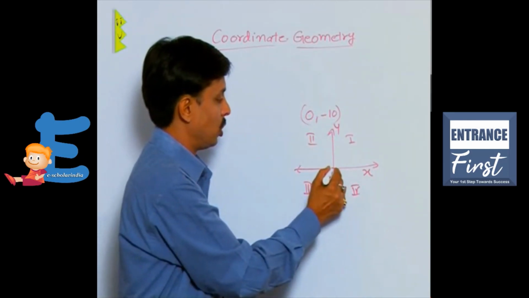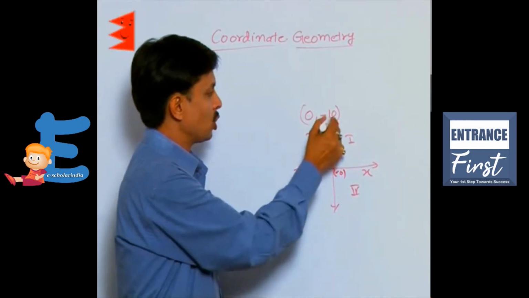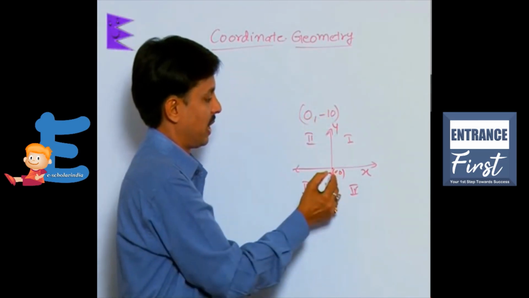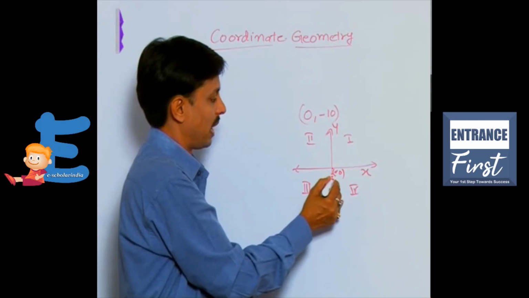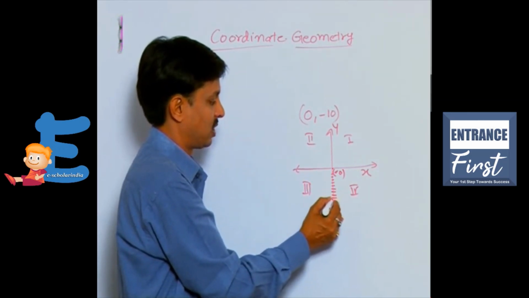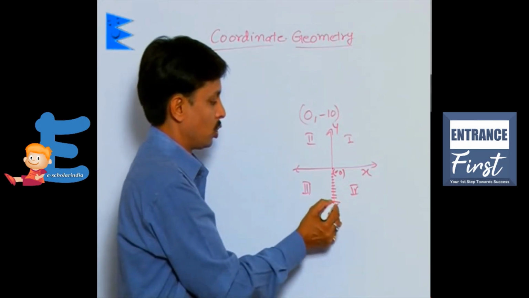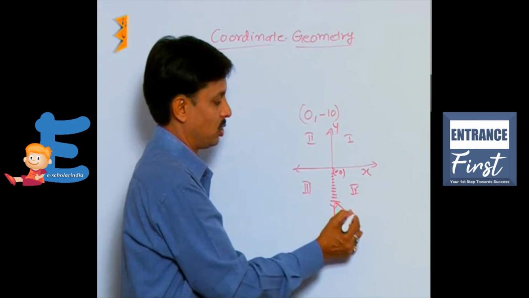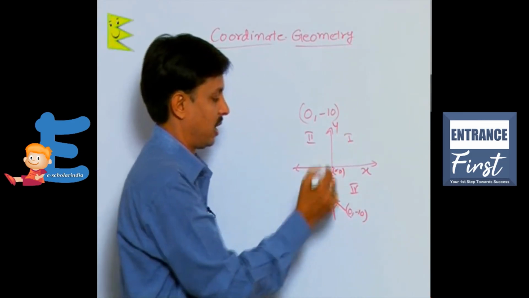This is (0, 0), the origin. So (0, -10) means the value of y is -10: -1, -2, -3, -4, -5, -6, -7, -8, -9, -10. So this is the location of the point (0, -10).